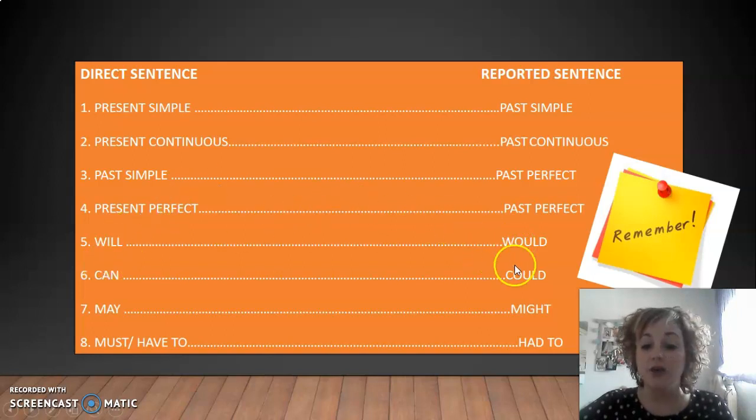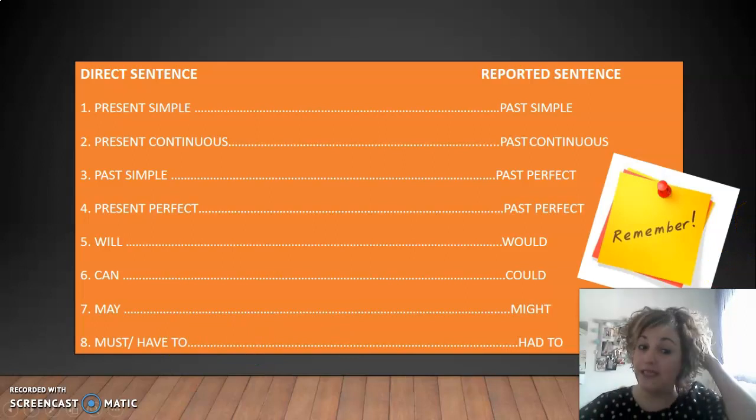Can is changed into could. May is changed into might. And must or have to, both of them are changed into had to. There is not a way for must in the past, just had to. I mean, this one is used for both of them. Okay, so as I told you before, please use this table.